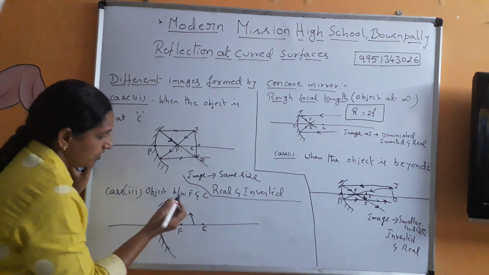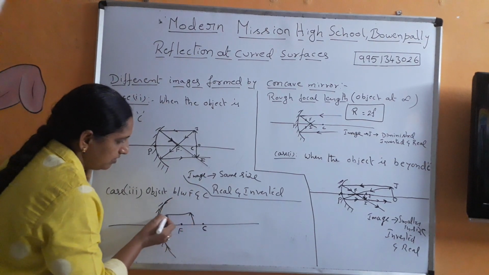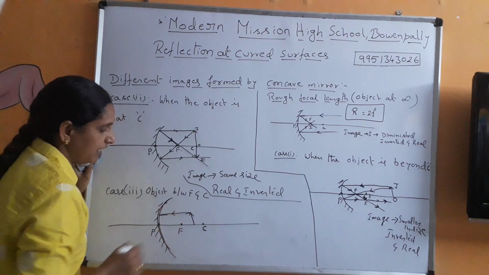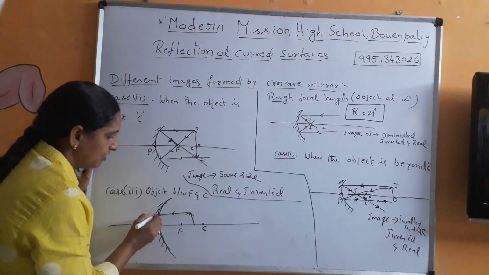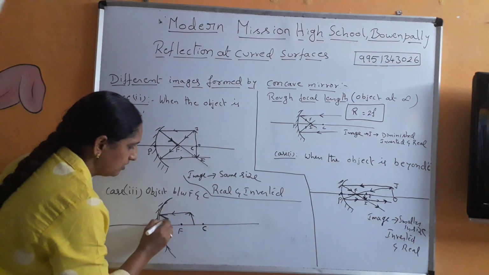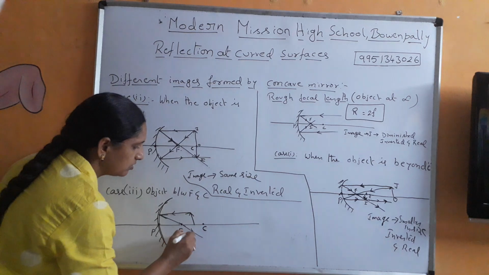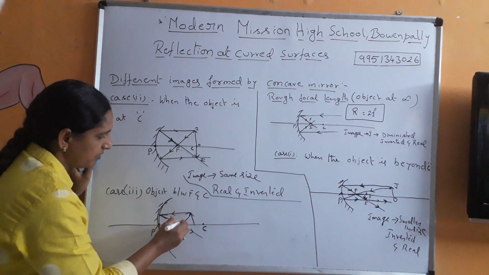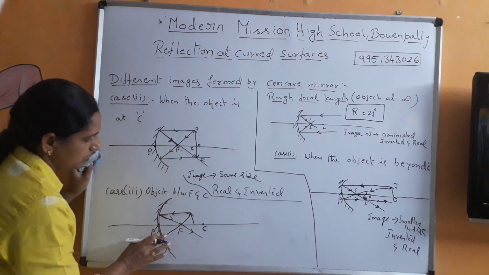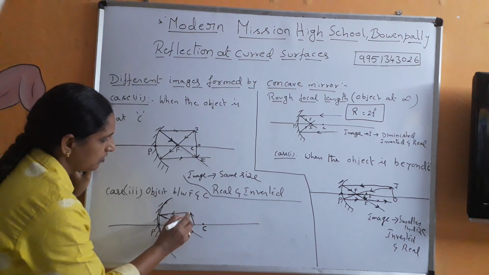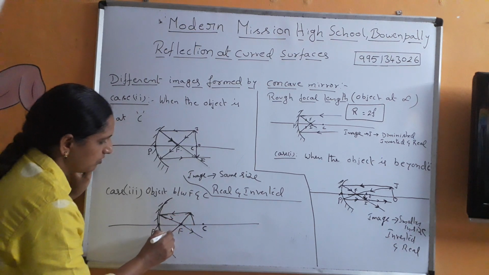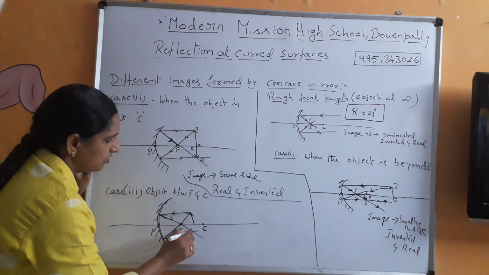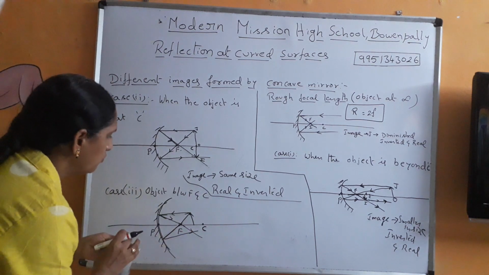Now same rule again. One ray passing parallel to the principal axis will get reflected back through the focus. Another ray which is passing through the focus will move parallel to it.